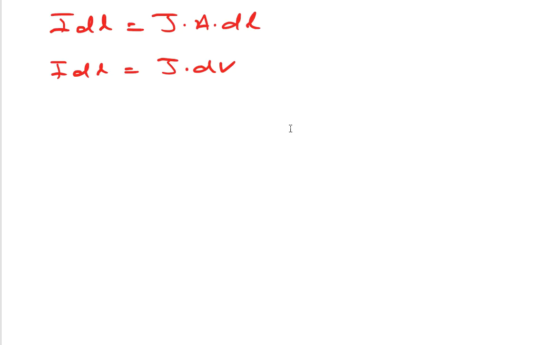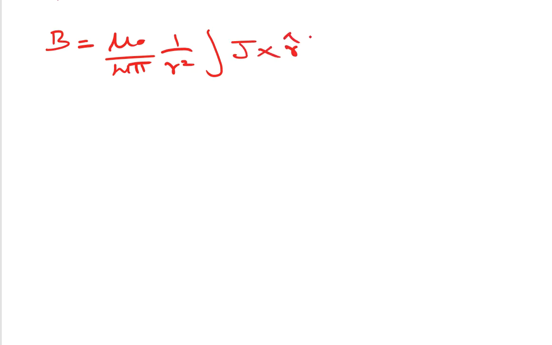So the equation now becomes B vector equal to mu naught by 4 pi by r square integration over, instead of I dl we are putting J dV. So it becomes J cross r cap into dV.